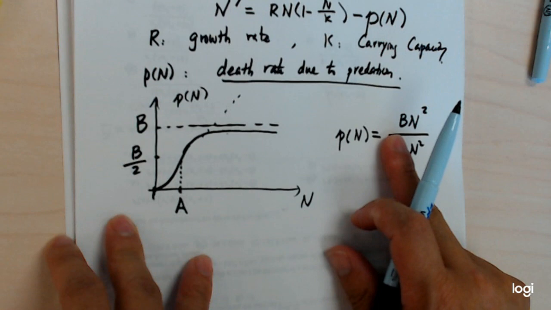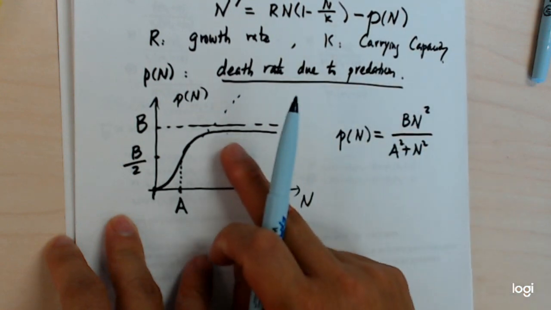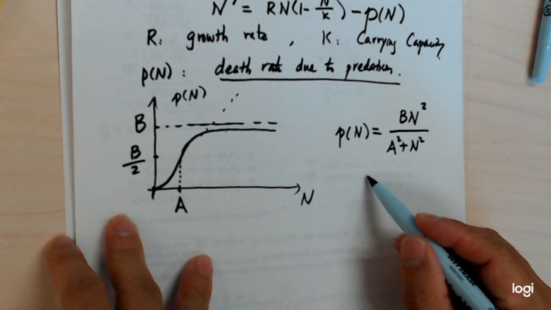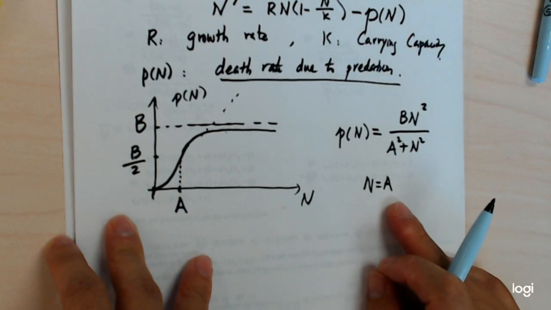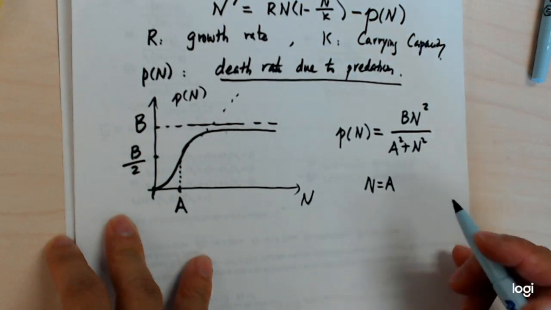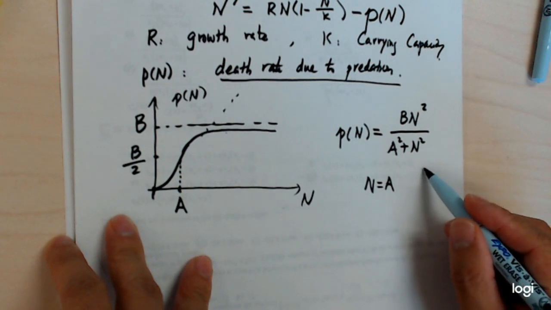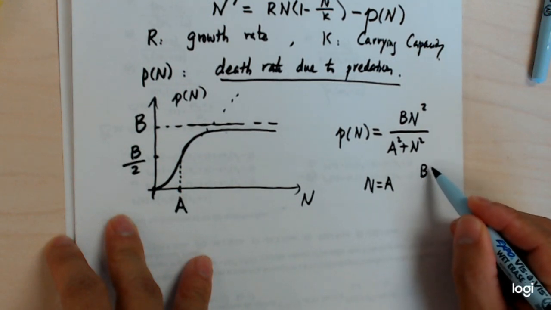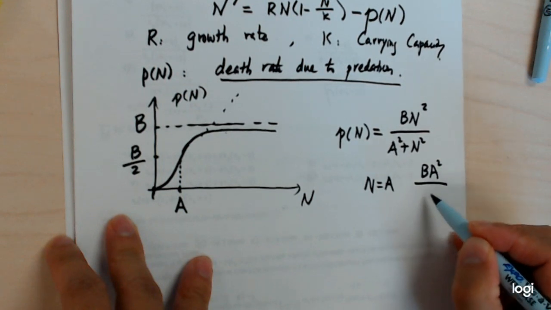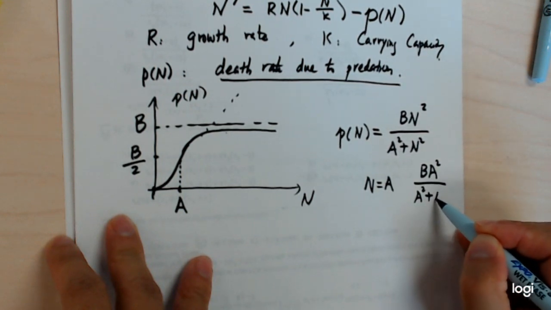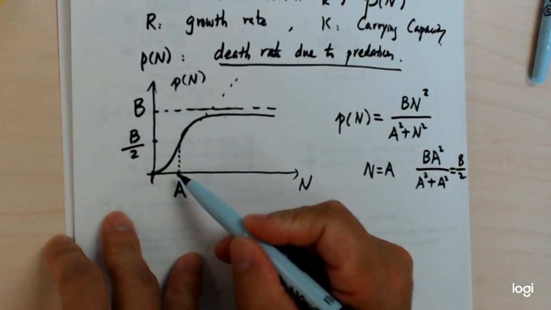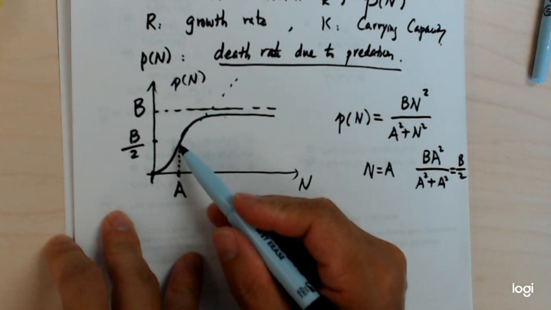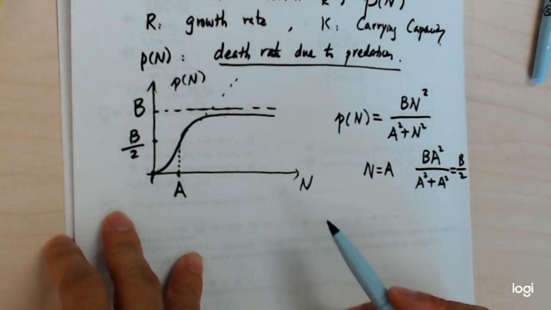When n goes to infinity, P of n approaches B. And also when n equals A, what you have here is the predation rate A squared over A squared plus A squared, which is half of B. So this is the critical population level where the predation rate is half of the maximum predation rate.